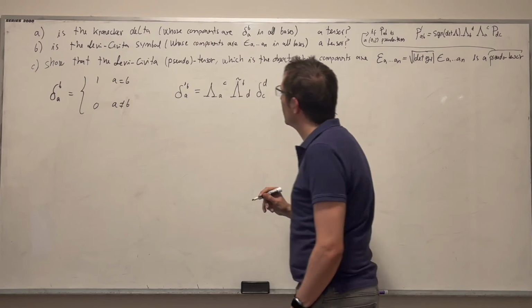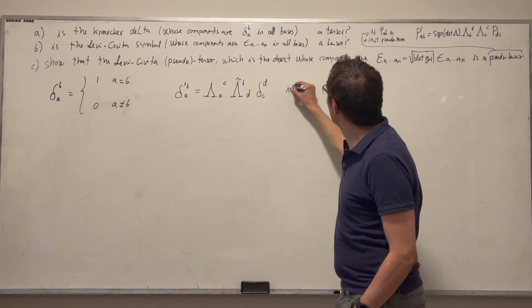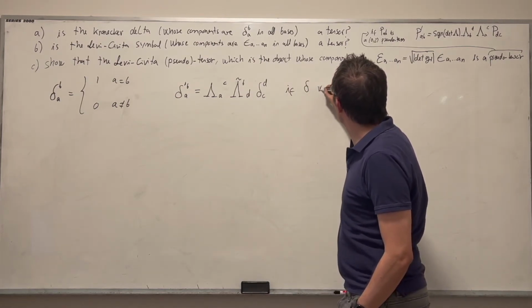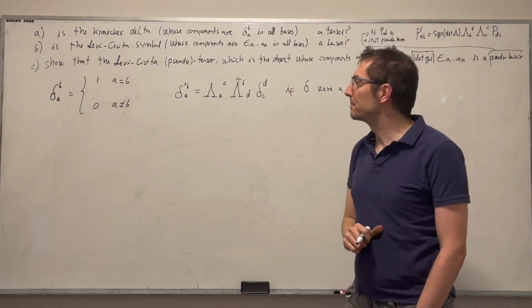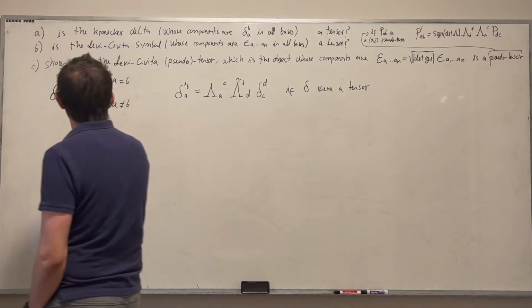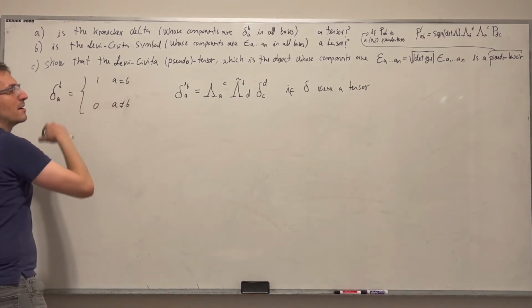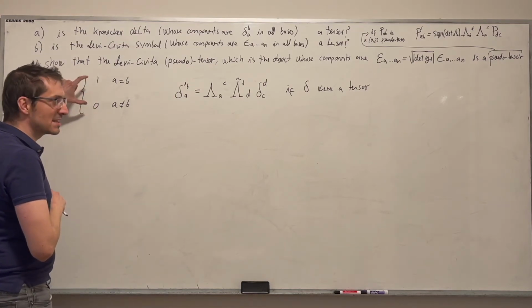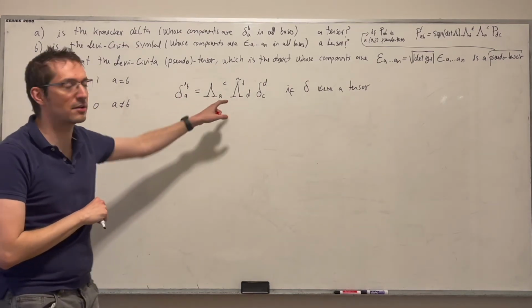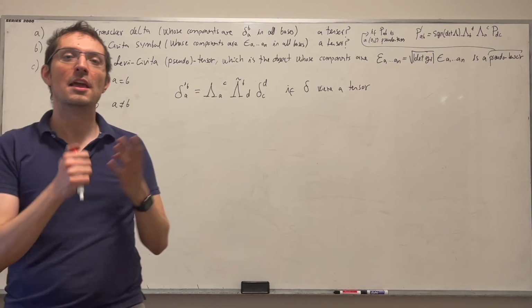All right, so this is if delta were a tensor. Now we know that delta has these values no matter the basis, so we have to check whether at the same time this thing can have the same values in all bases and also satisfy that they transform like that when we change the bases. But let's see if it does.